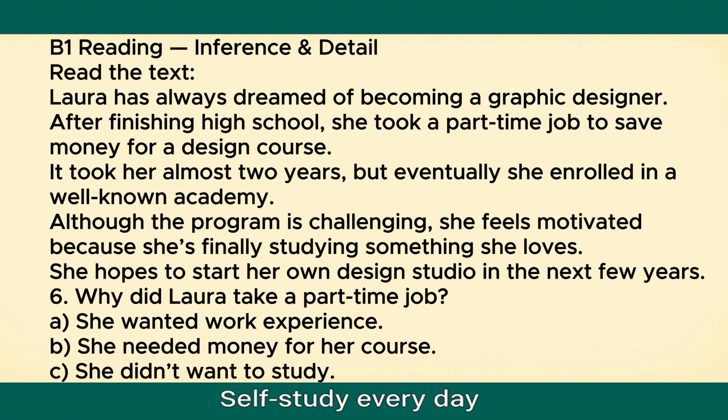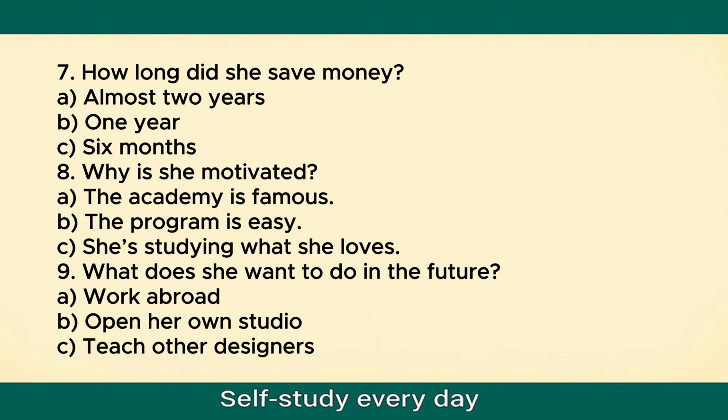6. Why did Laura take a part-time job? A. She wanted work experience. B. She needed money for her course. C. She didn't want to study. 7. How long did she save money? A. Almost 2 years. B. 1 year. C. 6 months. 8.